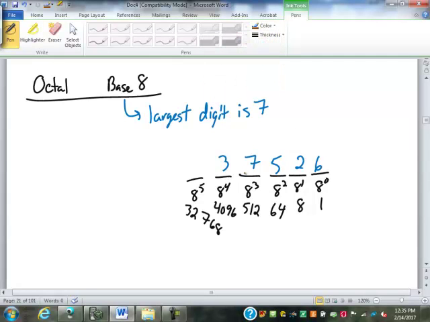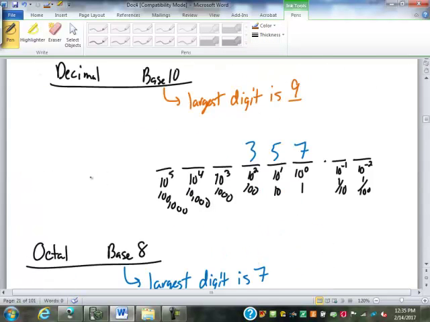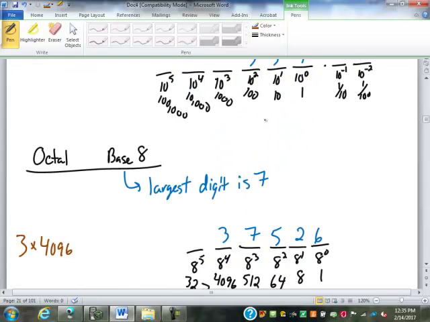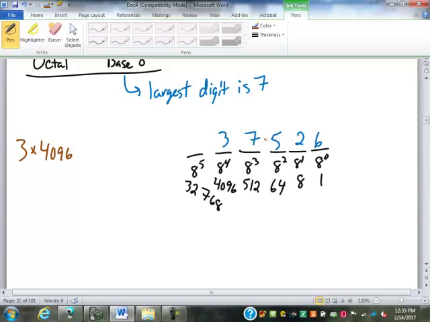So what does that mean? Well, that means 3 times 4,096. Just like up here, that 3 was in the hundreds place. It was 3 times 100. Well, what is 3 times 4,096? 12,288. Okay, that looks better.